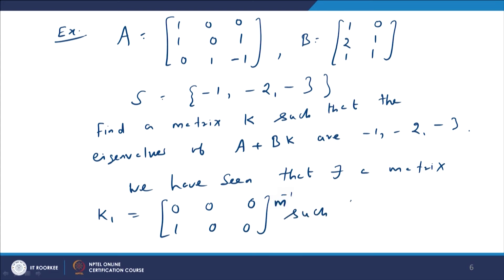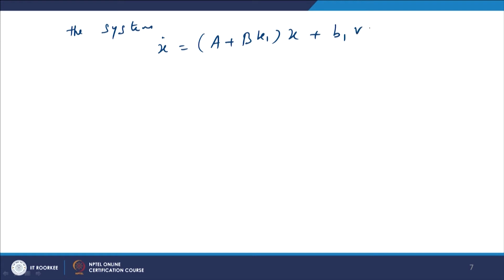such that the system x dot equal to A plus B K1 into x plus B1, the first column of the B matrix, into v of t is controllable. This was already shown.